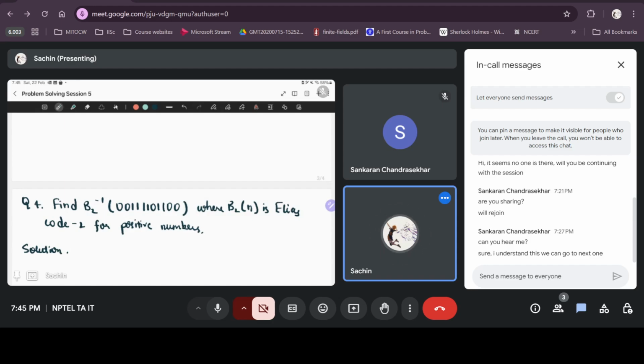Elias 2 code, what do we do in Elias 2 code?